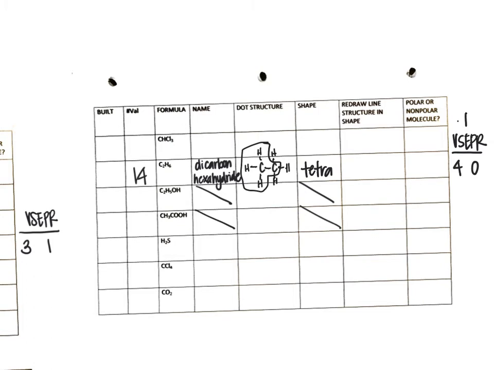Essentially, tetrahedral is a cross. And so I have 2 crosses attached to each other. When I redraw my structure, it's not going to change very much from the one I already had, and that is okay. So that is my finished structure for dicarbon hexahydride.